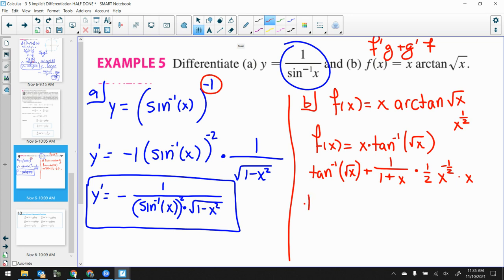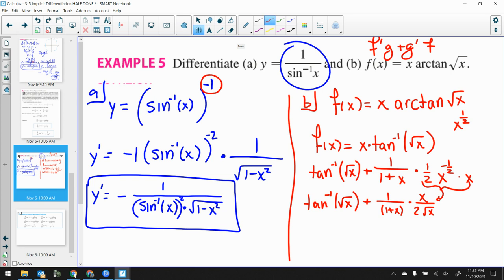So this is inverse tangent of the square root of x plus, now I'm going to write this here, 1 plus x, and this is going to be x over 2 radical x. This whole thing is simplified down there. Okay, I put the x in the numerator.